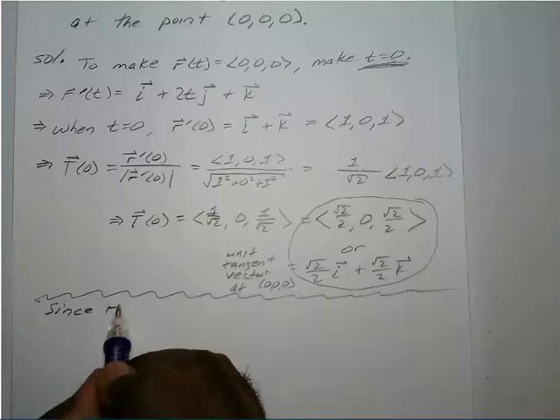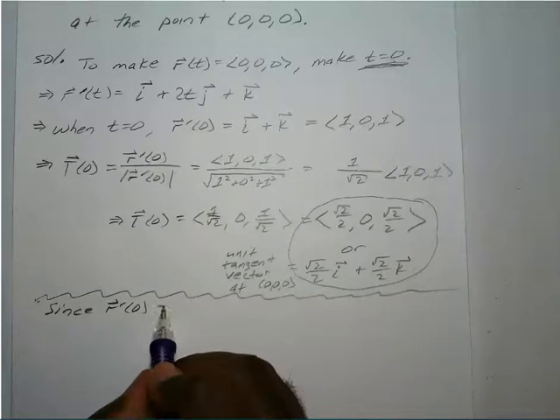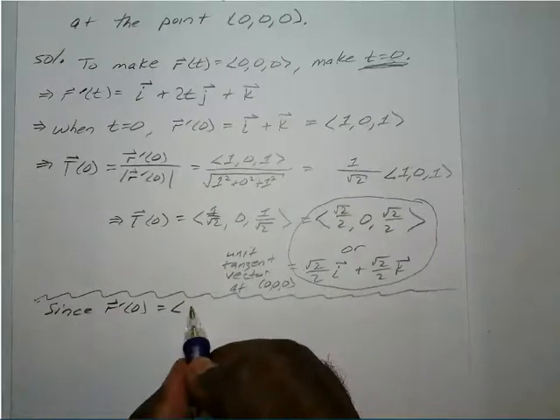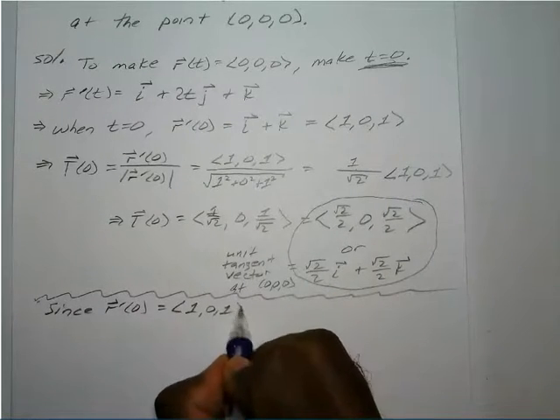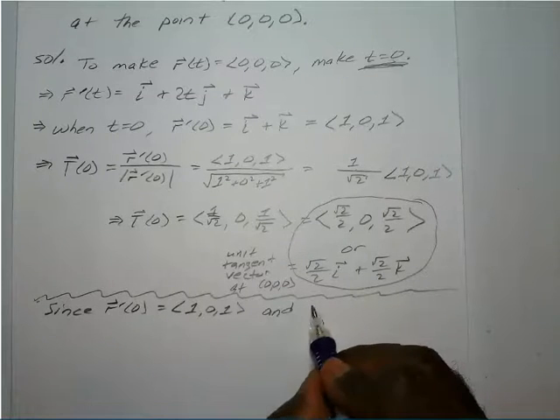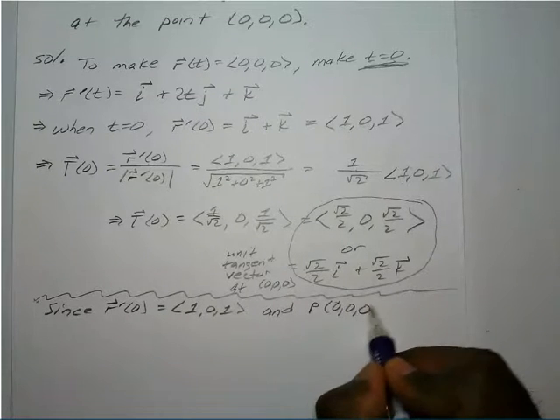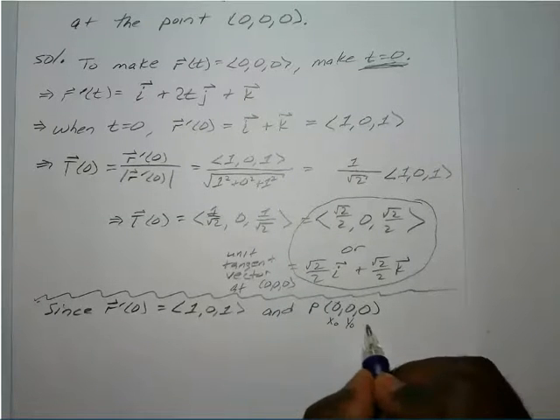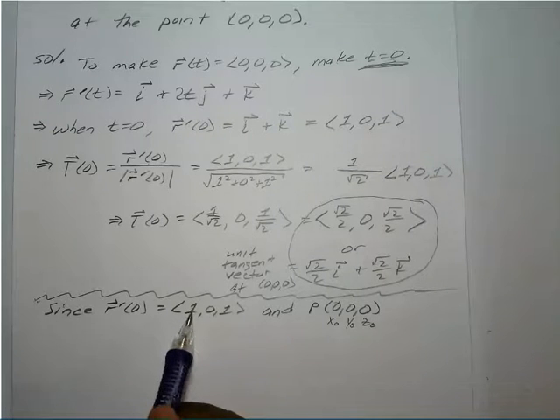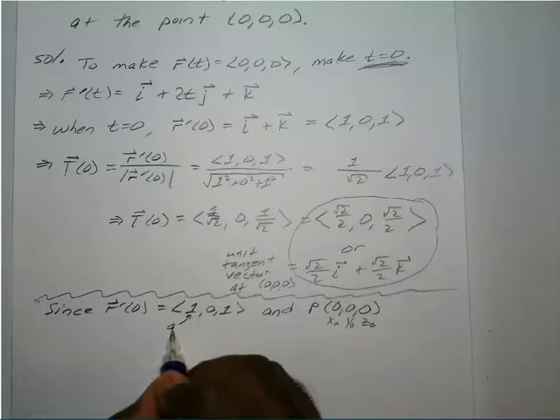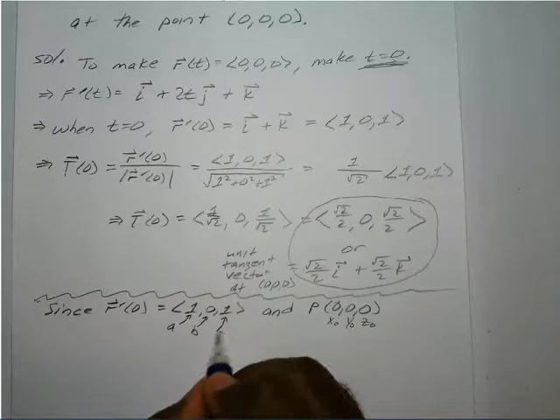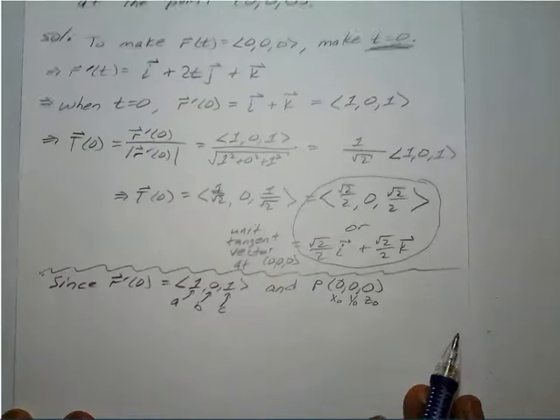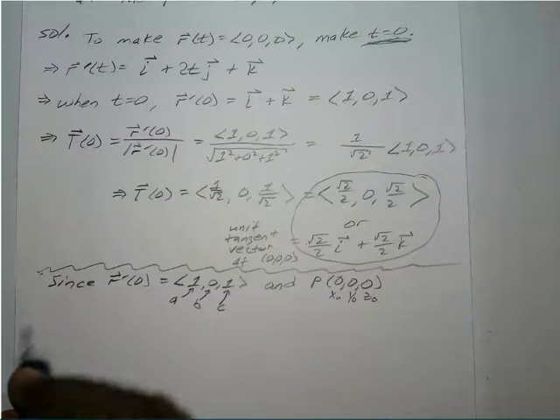Now, since r prime of 0 is equal to 1, 0, 1, right up here, and our initial point is 0, 0, 0, you know that initial point is our x0, y0, z0, and this is our a, our b, and our c. Okay, so these are your direction numbers. So all we have to do is go back to our parametric equations.